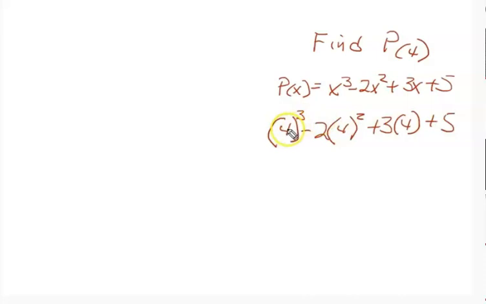So now we get 4 to the third, which is 64, minus, this is the minus. Now 4 squared is 16. 2 times 16 is 32. This is straightforward. 4 times 3 is 12, plus 5. And you get your results.